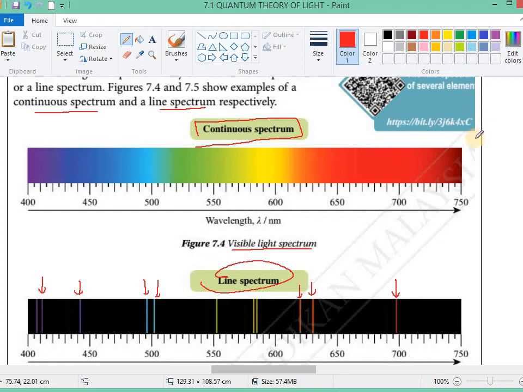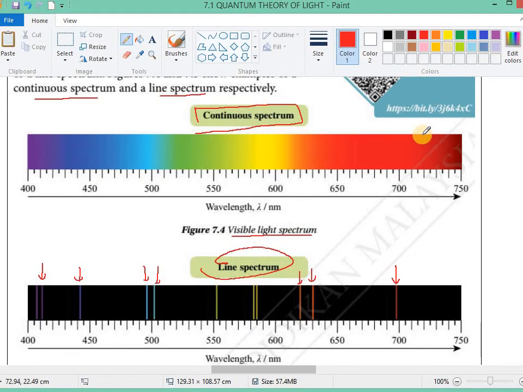But each and every frequency in here consists of photons that have a discrete amount of energy, and the reason why it looks continuous is that the difference in the amount of energy is very small due to the small value of the Planck constant.